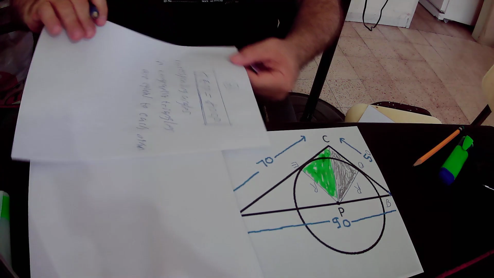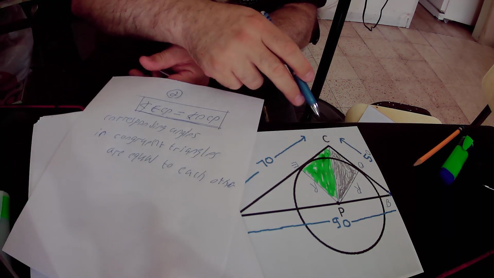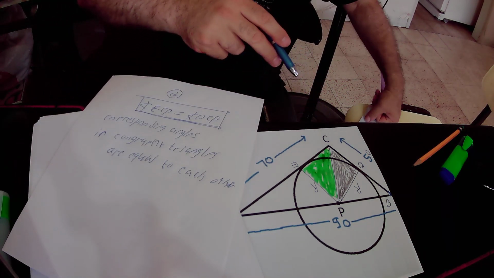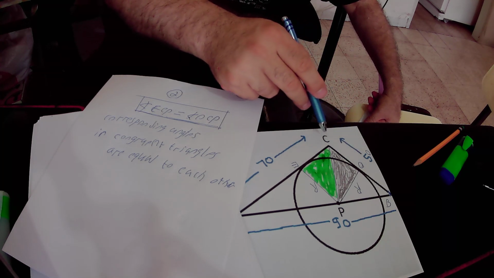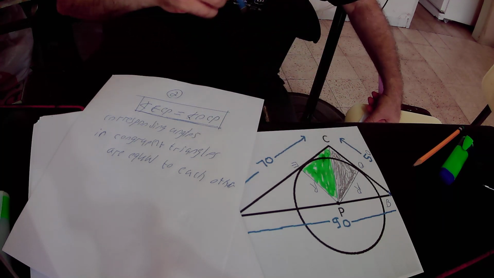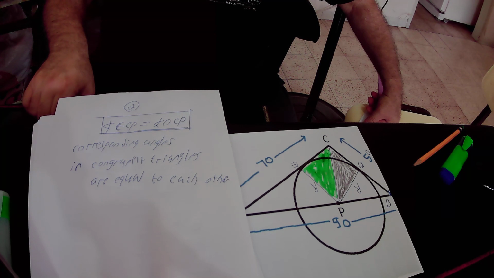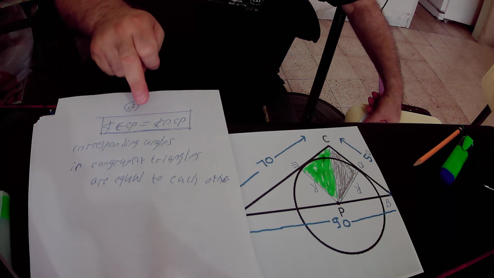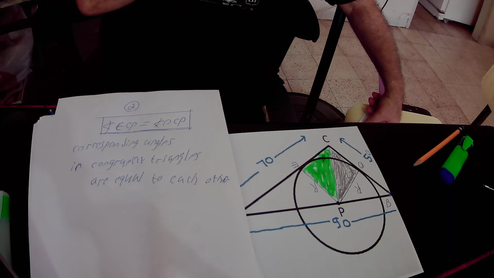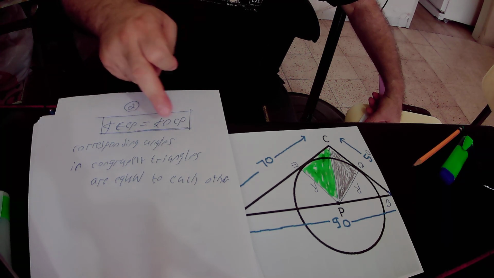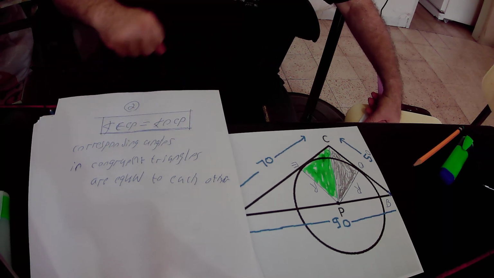I will repeat again. Angle ECP of the green triangle equals angle OCP of the black triangle, because of the rule that corresponding angles in congruent triangles are equal to each other.